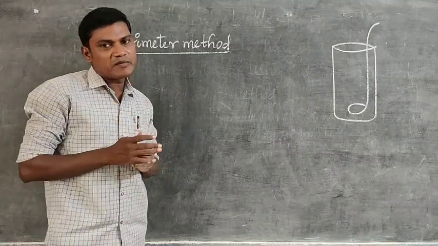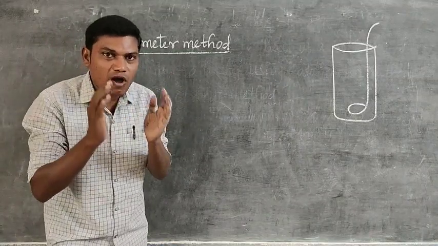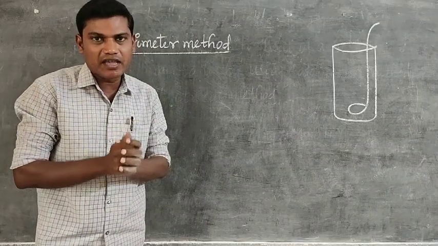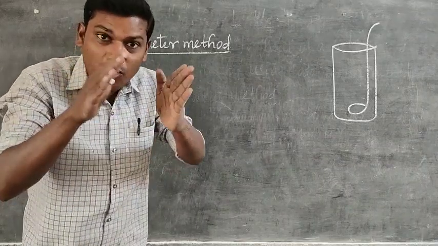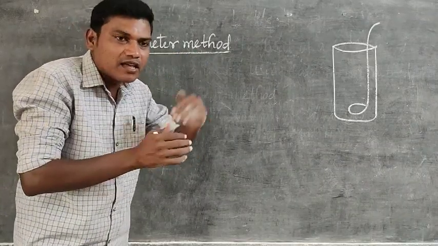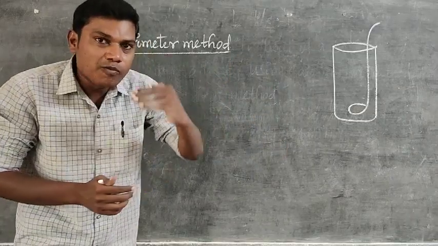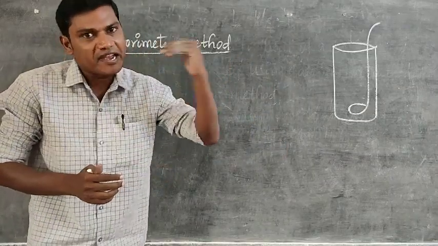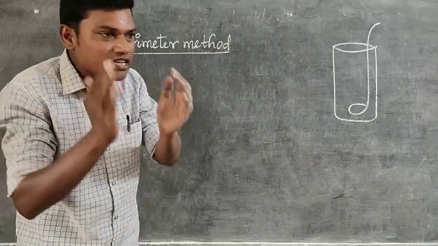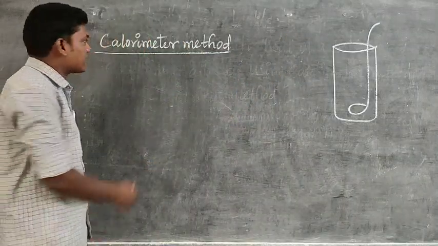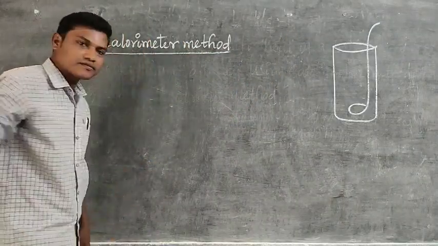In the calorimetry method, we use a small device, and with the help of that device only we can find how much heat energy the body absorbed or liberated. The device name is a calorimeter.